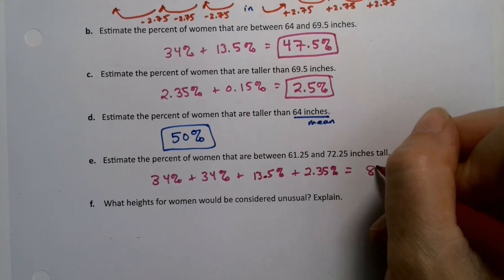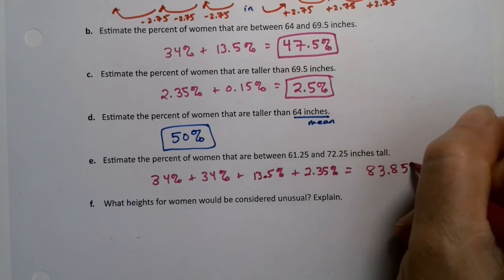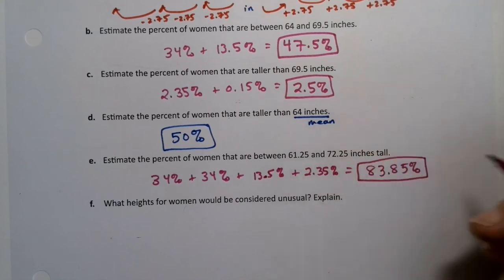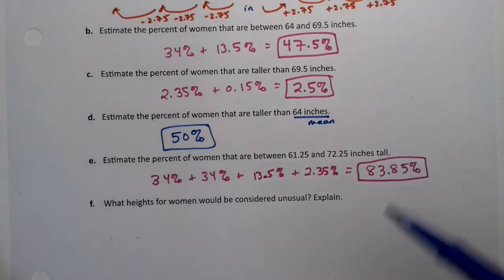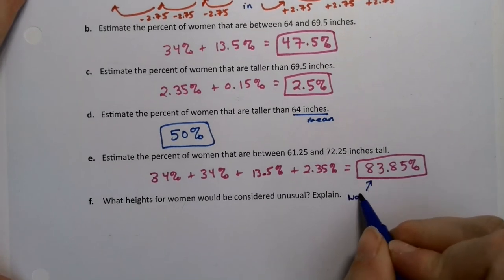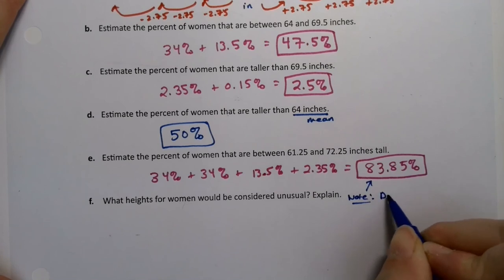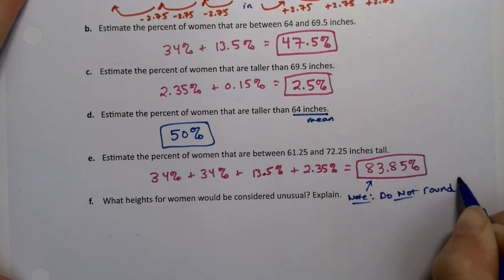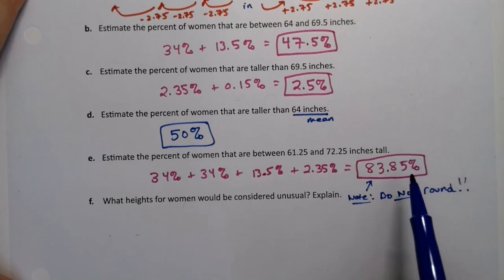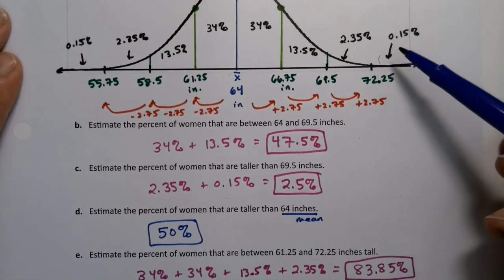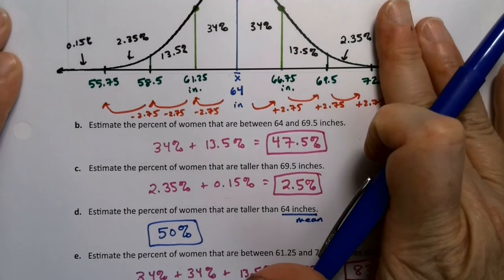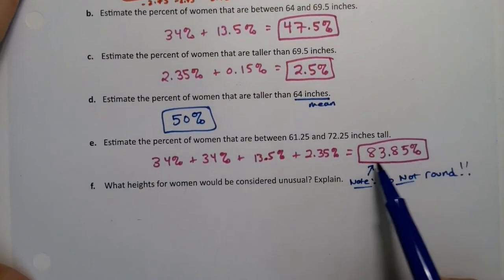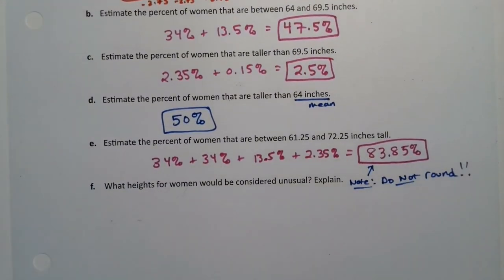You do not continue on and you do not round. You're going to leave it at 83.85. So you want to leave the values from the empirical rule. Because if you round up to 84, you're actually including this percentage over here, which we did not want. We wanted to stop. So if we're going to stop, then it's 83.85%.